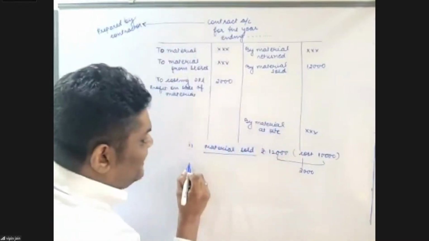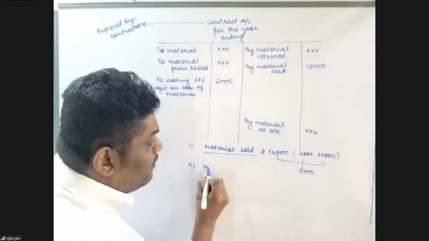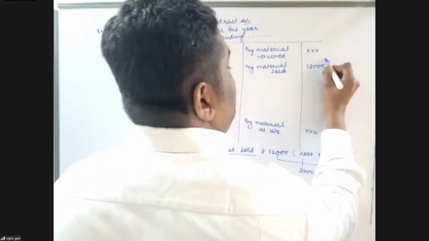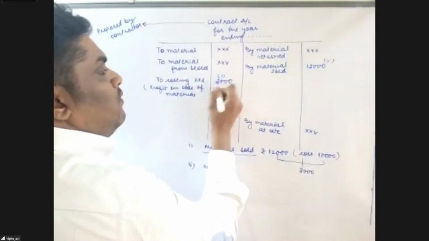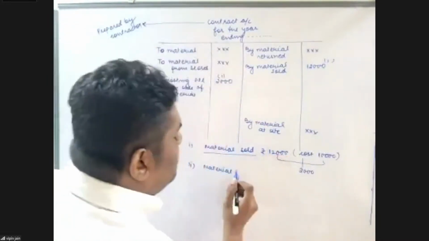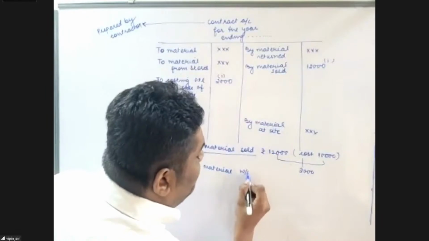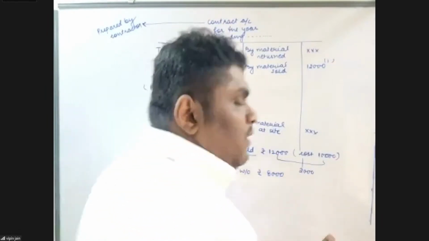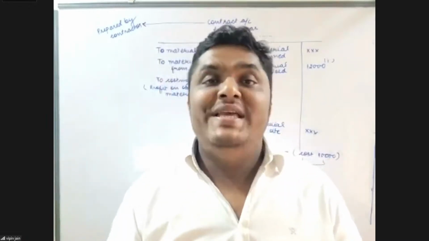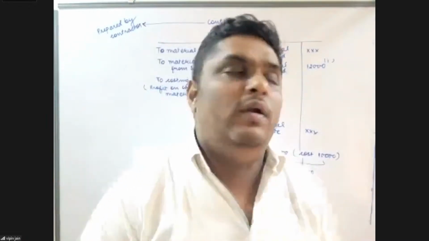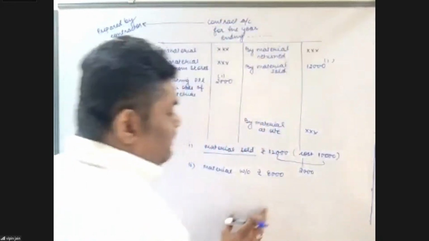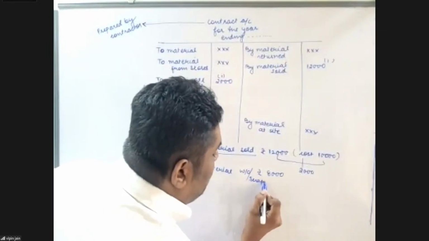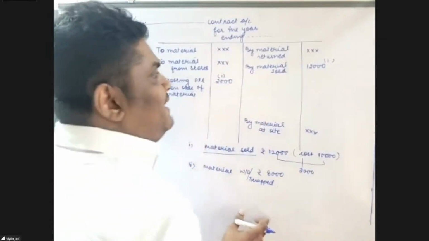Let's say the second question. This is for question number first. Material written off rupees 8,000. The material of rupees 8,000 was scrapped or written off, and nothing is realized.